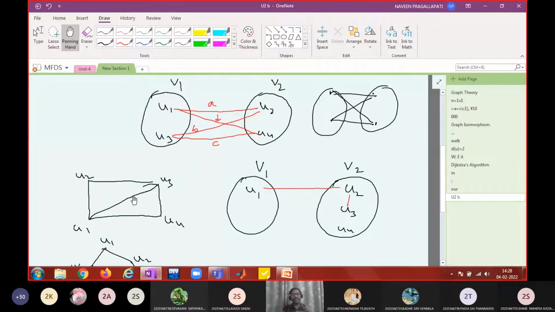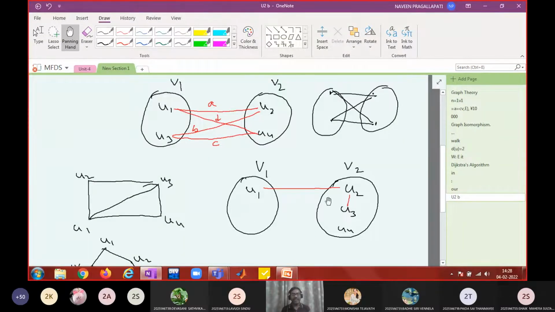If you see an odd cycle present in a graph, then it cannot be bipartite. Because if I put this vertex here and this vertex there, the third vertex is going to be adjacent to one of these two.